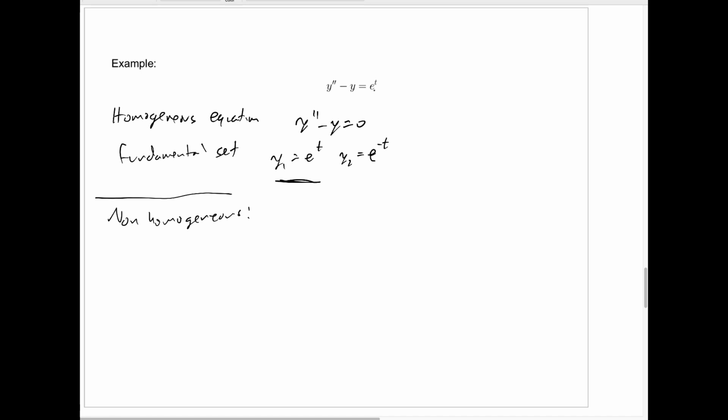So I'll write we would try y of t equals a e to the t, but there's interference from the homogeneous equation.